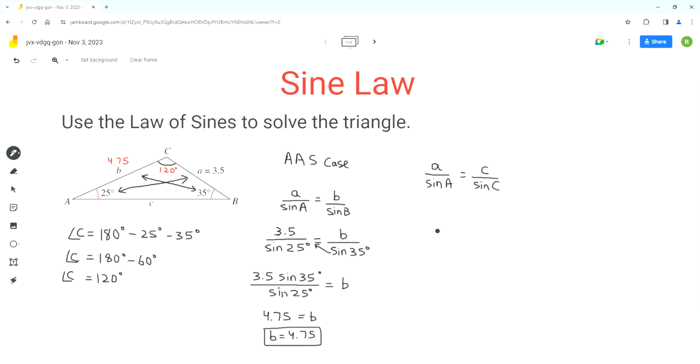So side A is 3.5 units over sine of 25 degrees equals C over sine of 120 degrees.